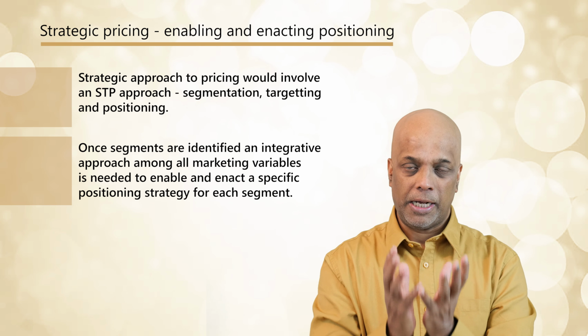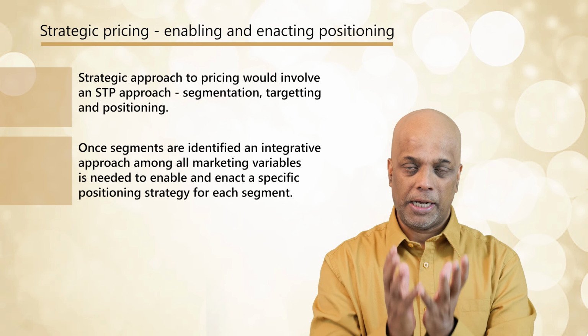So for each and every segment, therefore, you would have a different price, different product, different promotion strategy, and a different placement or distribution strategy. So that is STP marketing. So that is strategic pricing.